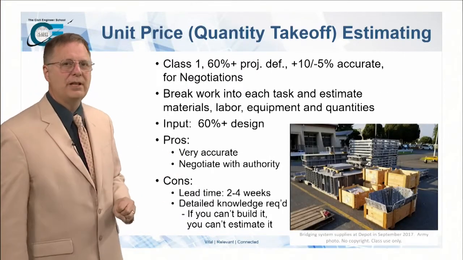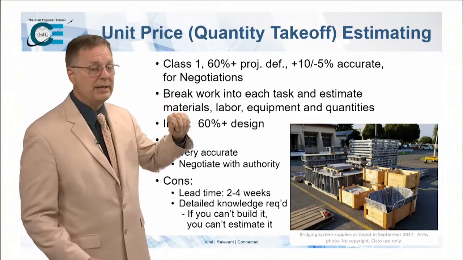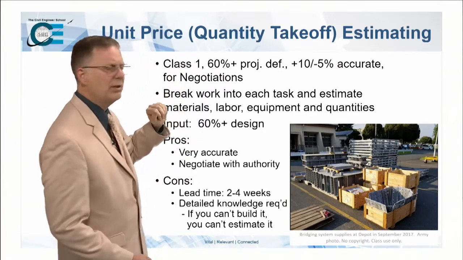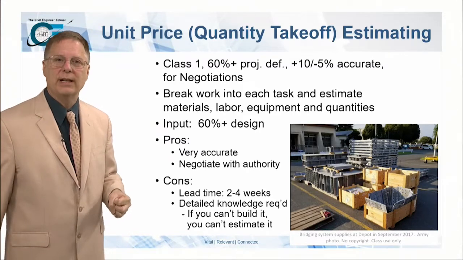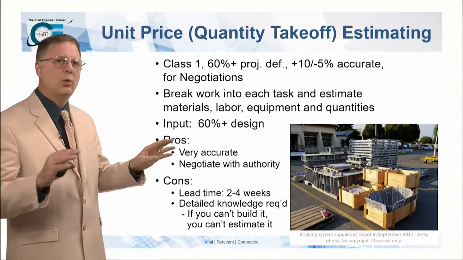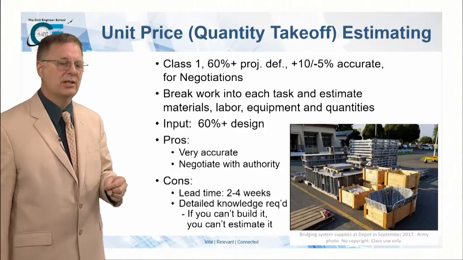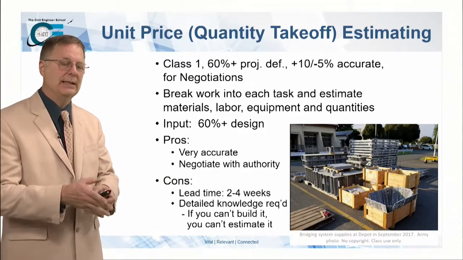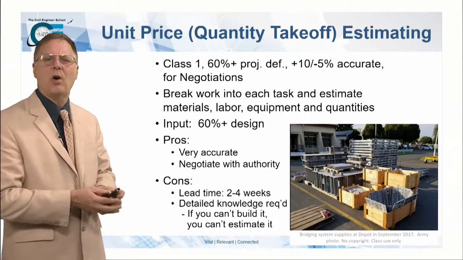There's the third method, that's unit pricing, and remember, that's a class 1 estimate. You have to have very detailed project definition up to 100%, and it's generally used for negotiations, for you to be able to negotiate with authority against the contractor. This is where you break down the work into each individual task, and you're going to estimate those individual tasks, like I'm going to put in a slab, I'm going to put in this form work, I'm going to put in this, all the different things.